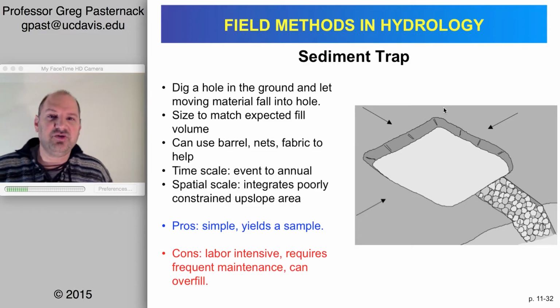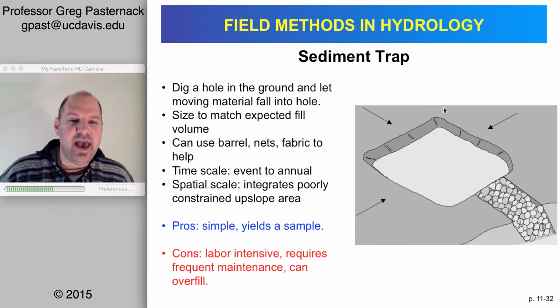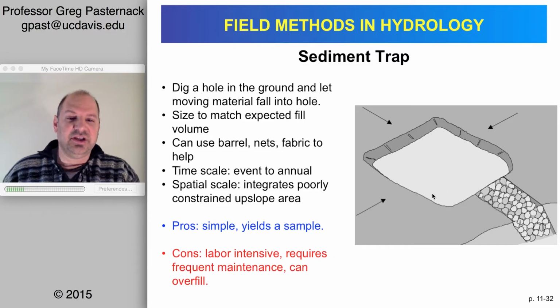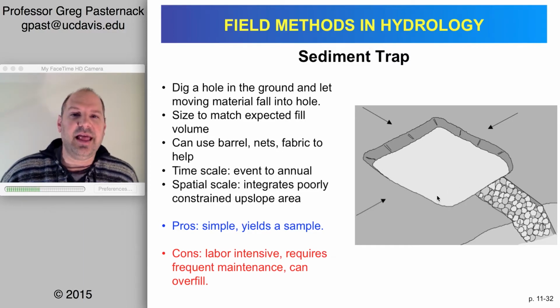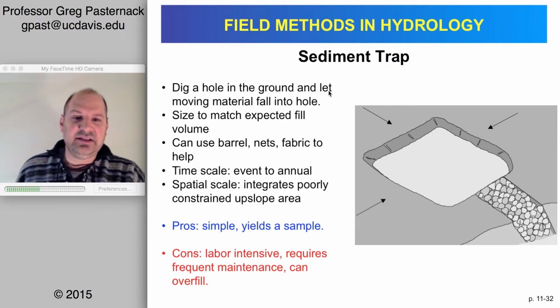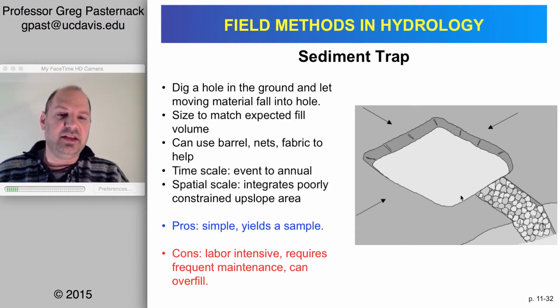Another thing is to just build a trap. So whether you're in a stream or a hillside, you can dig a hole and either just line that with an appropriate liner, or put in a 55-gallon drum, or cut half a 55-gallon drum, and then as water goes through there, it collects.